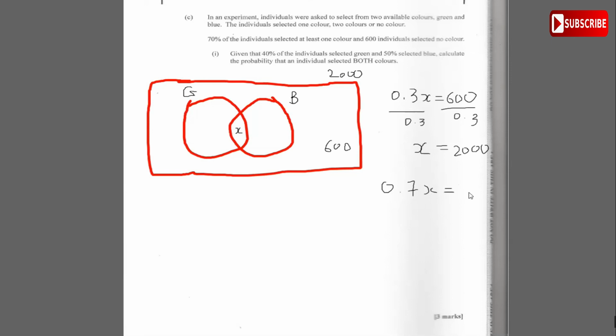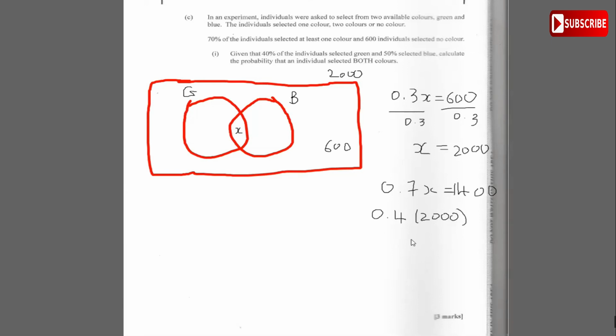All right, now the next thing it tells us is that 40% selected green and 50% selected blue, meaning 40% of the total population, so 0.4 of 2000, selected green.